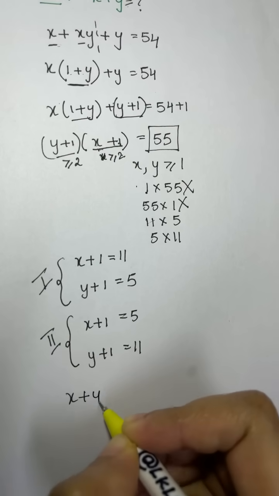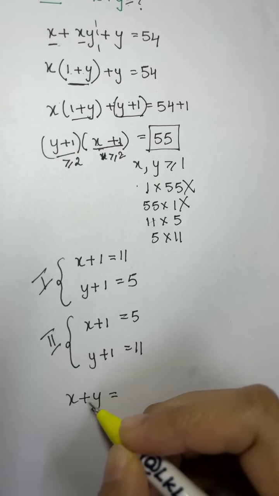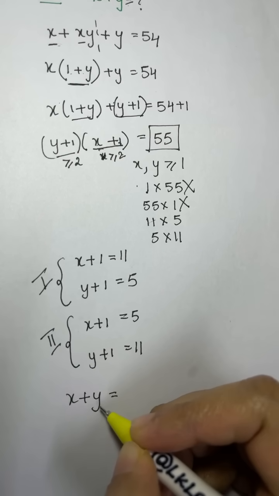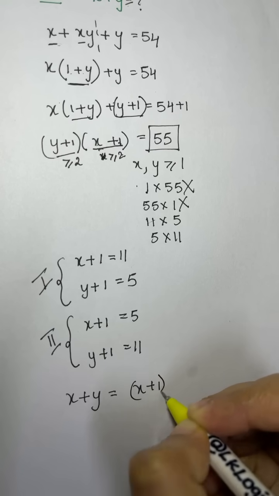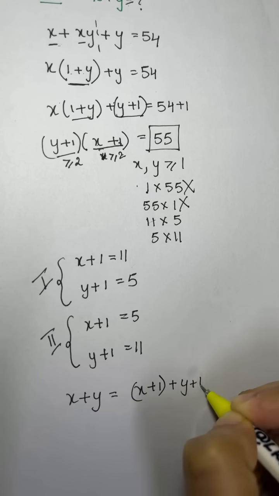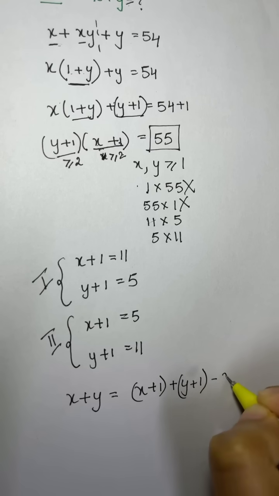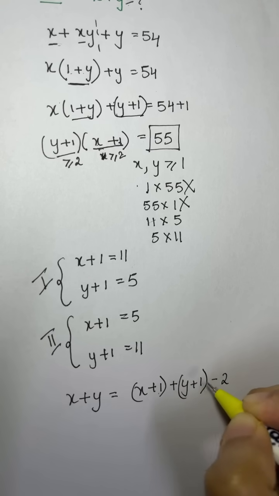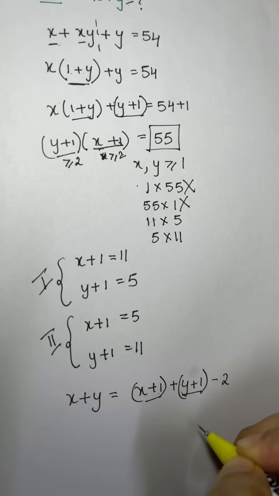x plus y is equal to, now what I can do is add 2 and subtract 2. I've added a 1 to x, and let me add a 1 to y as well, and then subtract 2, because I have added 2. So what do I have? x plus 1 and y plus 1.